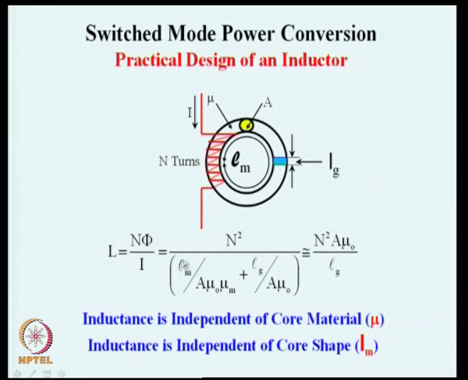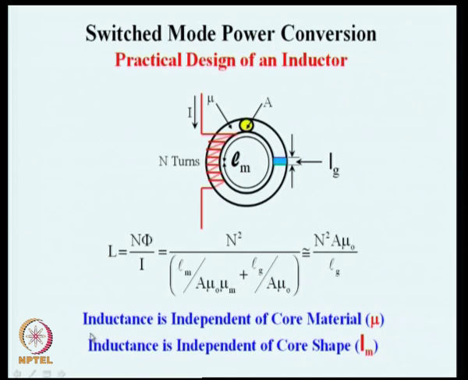Now, in this quantity shown in the denominator, the relative permeability of the magnetic material will typically be of the order of 1000 or 2000 or 3000. As a result, this first term becomes negligible in comparison with the second term, and effectively the inductance is now N square A mu naught by Lg.